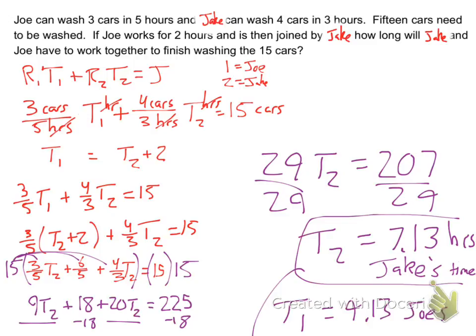Who arrived late to this party? Jake did. When Jake showed up, officially together time started. When they finish their jobs, it's done. So Jake's time is together time, therefore they washed the cars for 7.13 hours together.